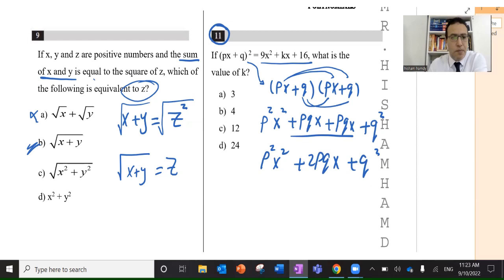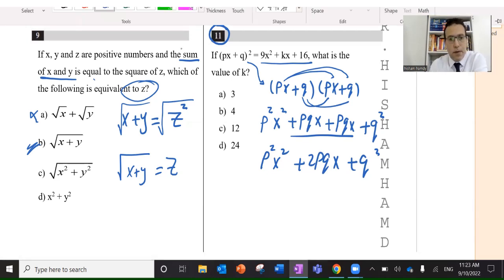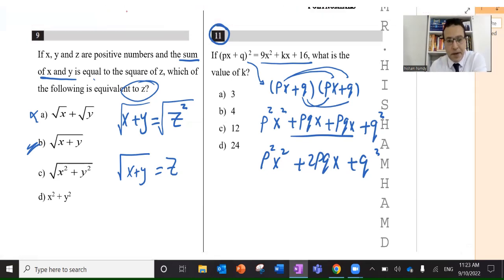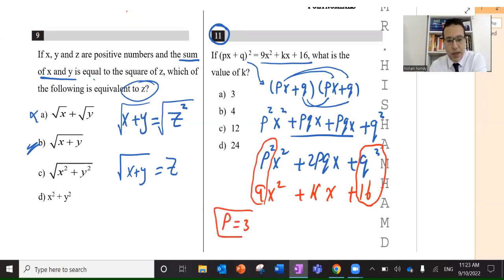Let's compare this with the one given, 9x squared plus kx plus 16. So q squared is equal to 16 and p squared is equal to 9. So it's clear that p is equal to 3 and q is equal to 4.